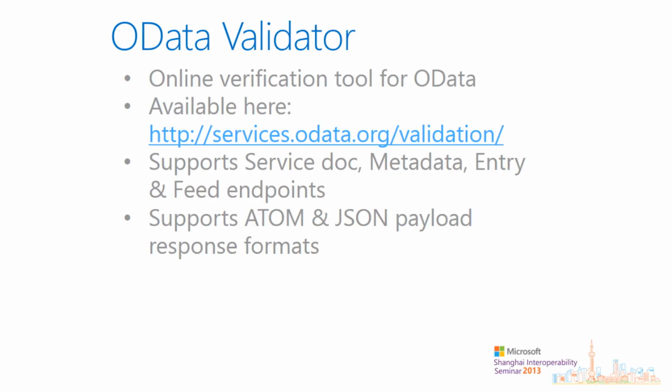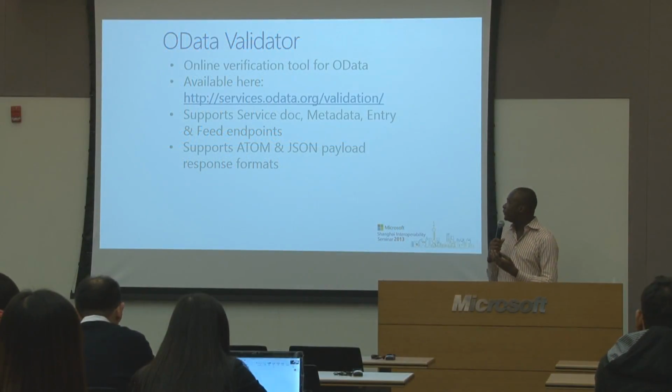Something that I'm really excited about showing later on in the week is the OData Validator. This is an example of an online test suite that we've created to allow implementers to validate their OData implementations. Basically, you provide a service endpoint that either defines a metadata document, an entry, a feed, or several other formats that are supported by OData.